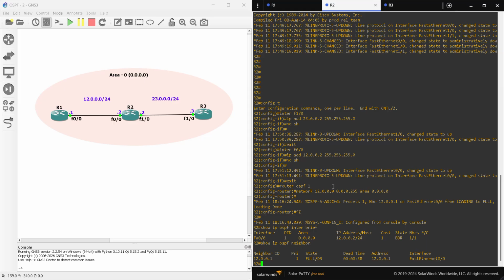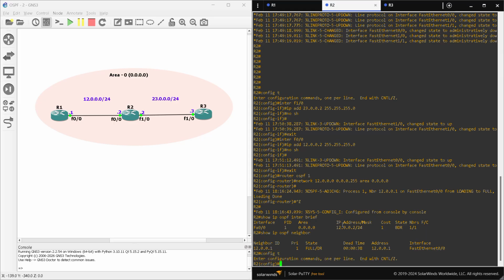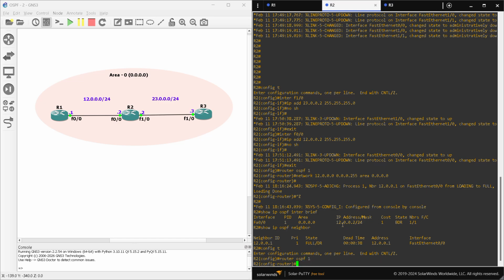Great. Now let's configure the next interface, FastEthernet 1/0. Configure terminal, router ospf 1, network 23.0.0.0 along with the inverse mask 0.0.0.255, area 0. Great.